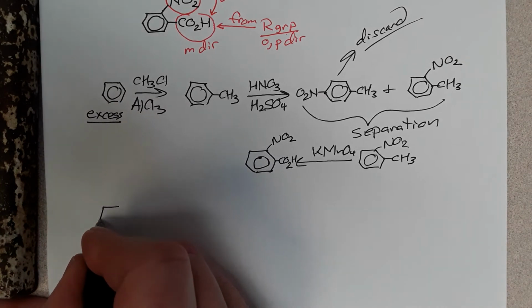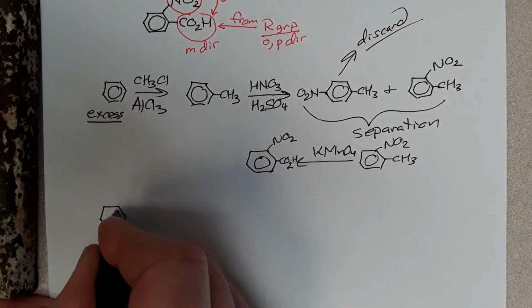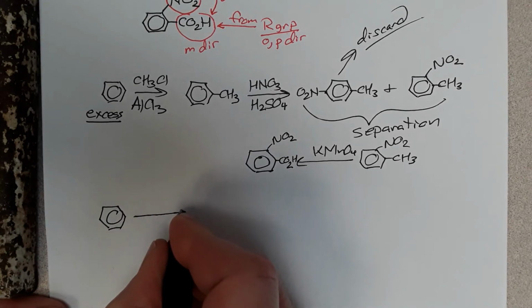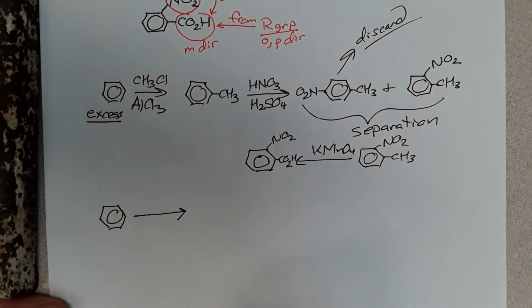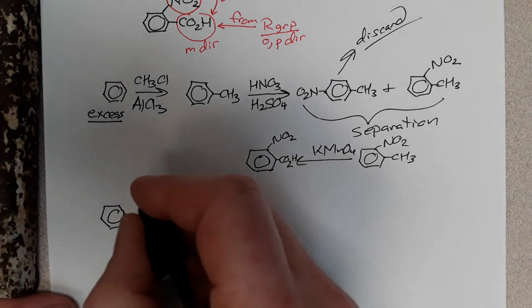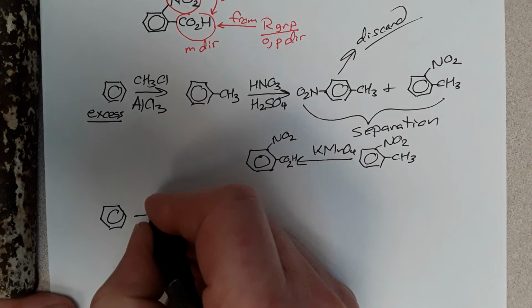So we'll start out again with our benzene, and instead of adding a methyl group, we're going to add something that is bulky, something that will minimize the amount of ortho that could be added.